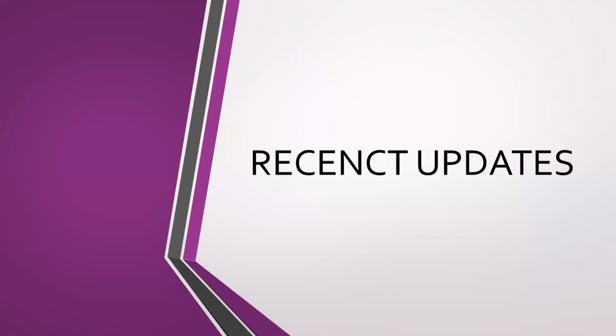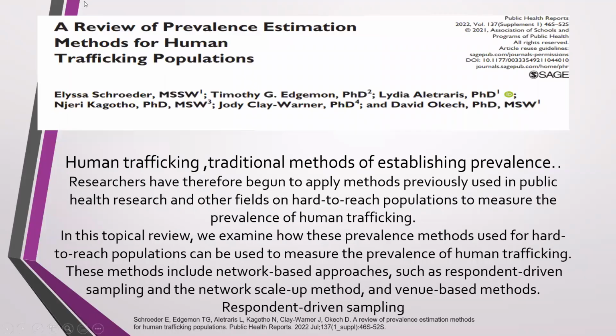So some of the recent advances are in prevalence estimation, how it is done and how human trafficking is controlled, meaning how the population is selected. One important point is how the population is reached for the prevalence measurement, also in the case of human trafficking. Previously, several methods were used.